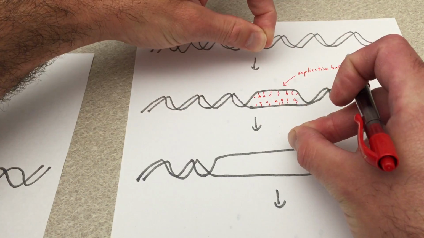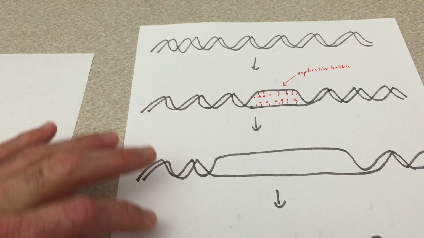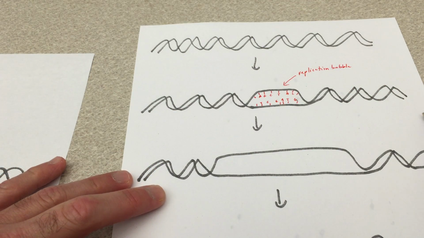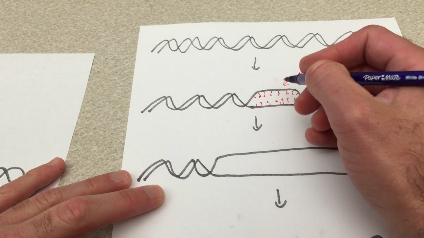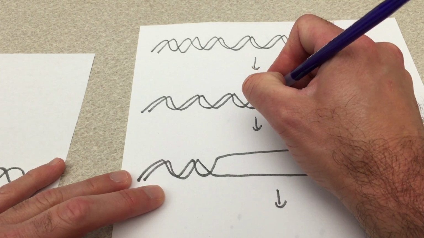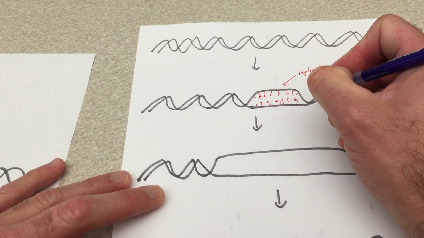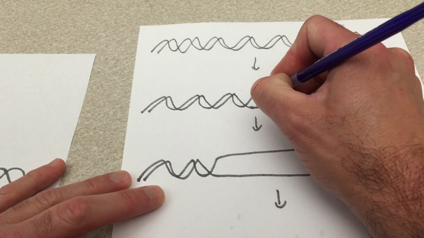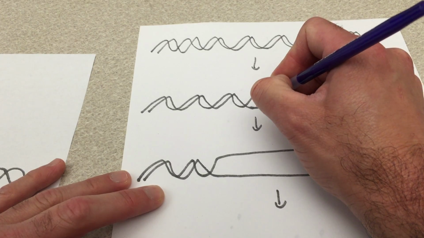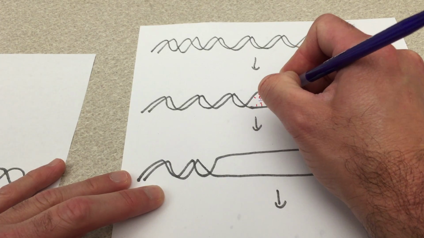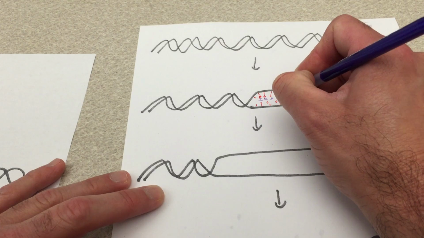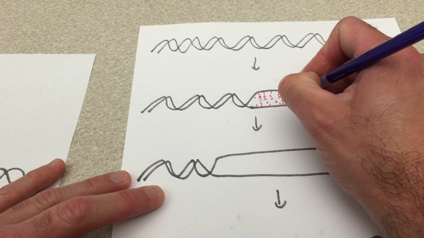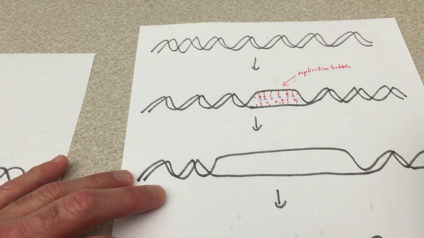Now, what happens when we have these nitrogenous bases exposed, when we've opened up this replication bubble, is we're going to have the complementary nucleotides come in and pair with them. So T's will pair with A's, C's with G's, G's with C's, A's with T's, T's with A's, and G's with C's.